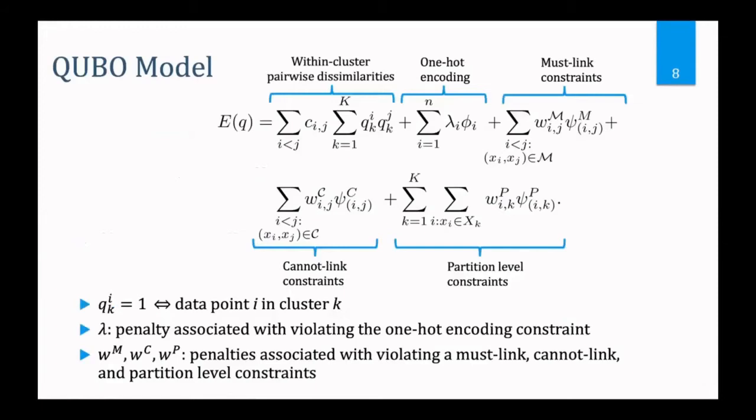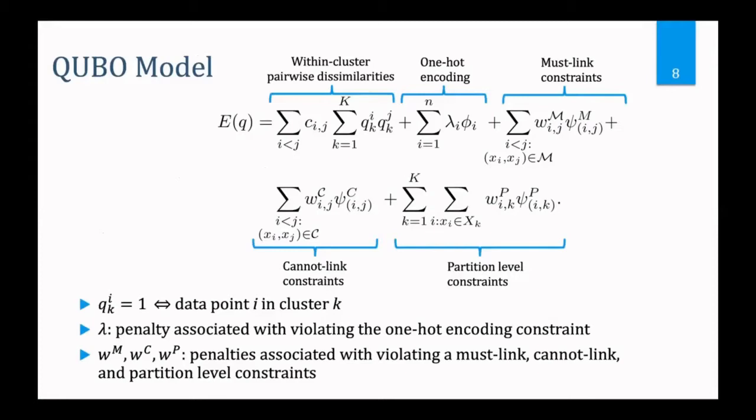Here we show our QUBO model for constraint clustering. Our decision variables are Qik that are equal to 1 if data point i is placed in cluster k. The first term in our energy function corresponds to our objective of minimizing the within-cluster pairwise dissimilarities. The second term is a penalty term that enforces that each data point is placed in exactly one cluster.